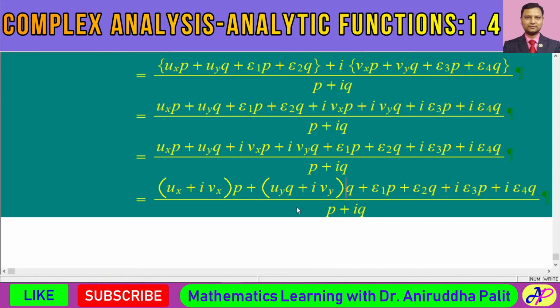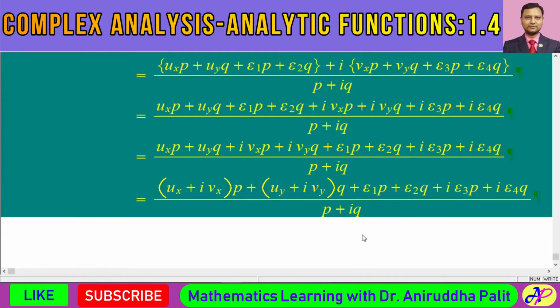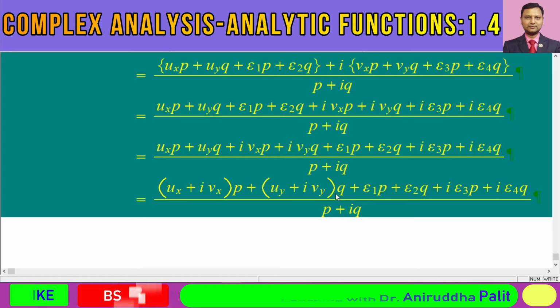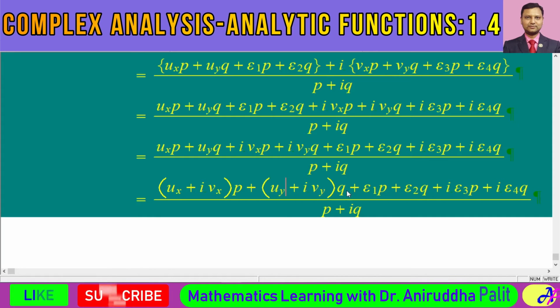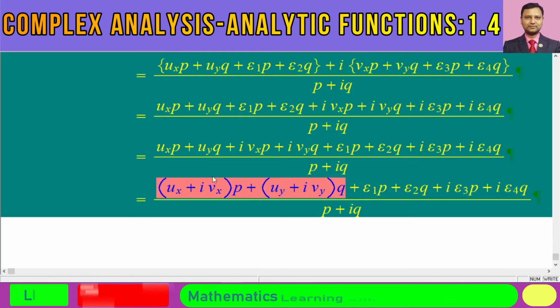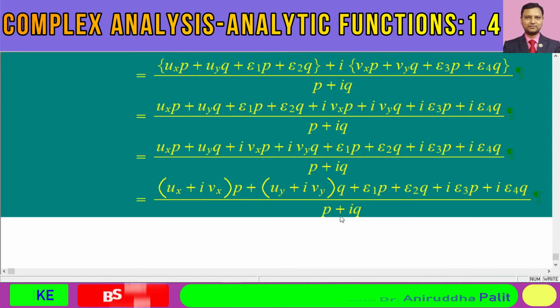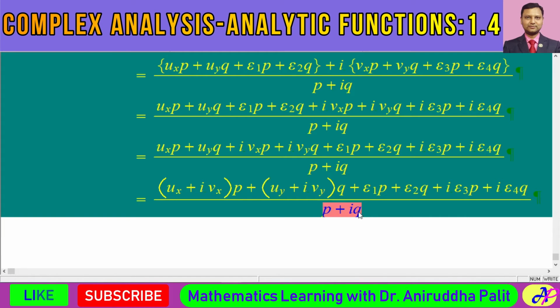Now I would make certain modifications. My target is to cancel this first part, the expression p plus iq. How can we cancel this expression?